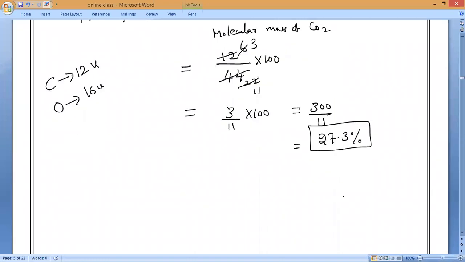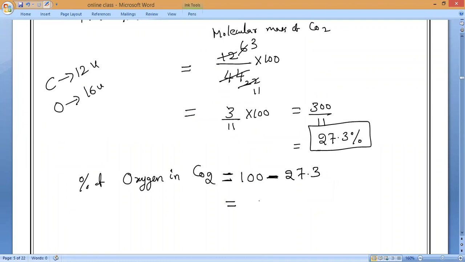Now, the oxygen percentage. What is the percentage of oxygen in CO2? We can find it in two ways. Now, 100 minus 27.3, which equals how much? 72.7.